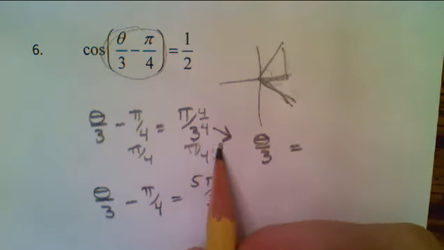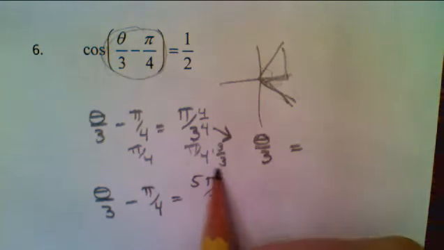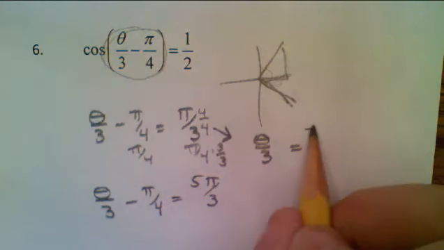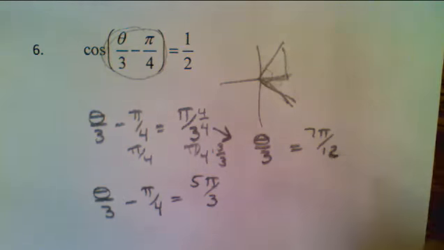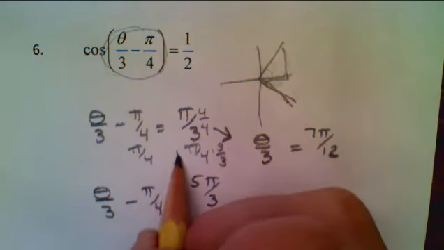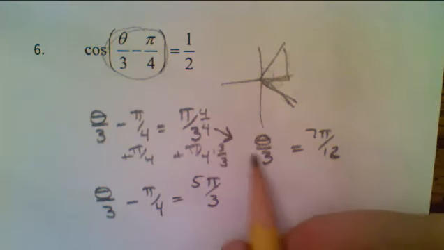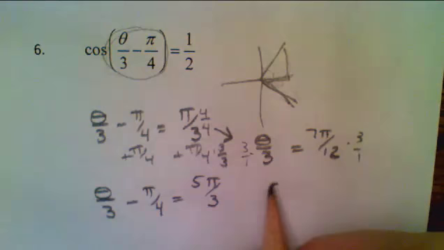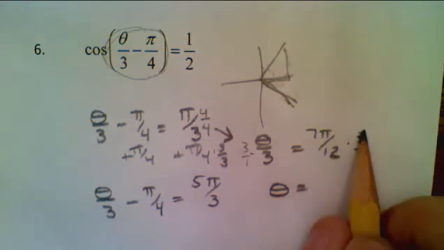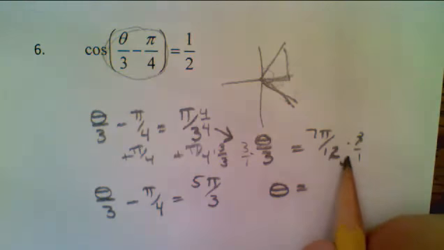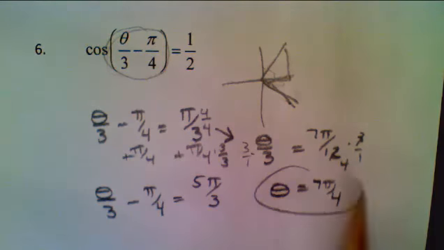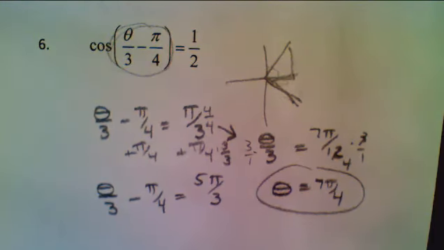If I multiply this one by 3 over 3, this would be 3/12 pi. So if I have 4/12 plus 3/12, I get 7/12 pi, because I'm adding, remember? And so then I have to multiply by 3 over 1. I would get theta equals, here the 3 cancels with that to give me 4, 7 pi over 4. And that is in my range of answers, so okay.